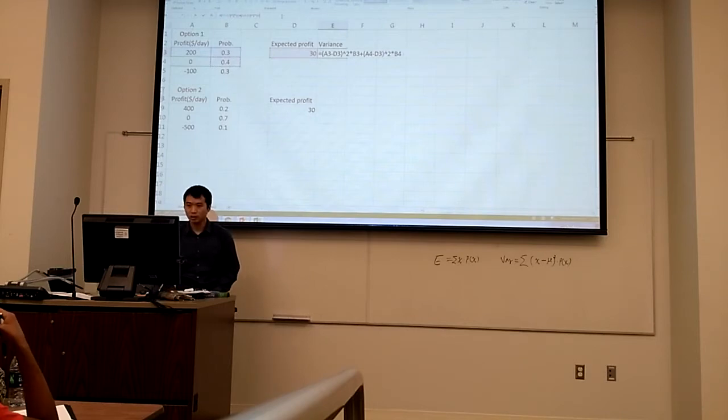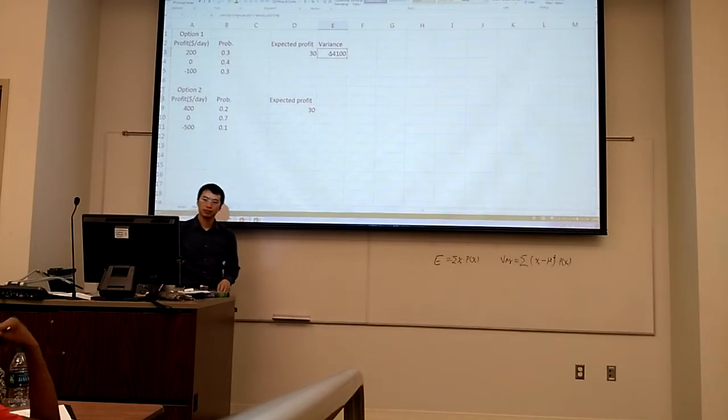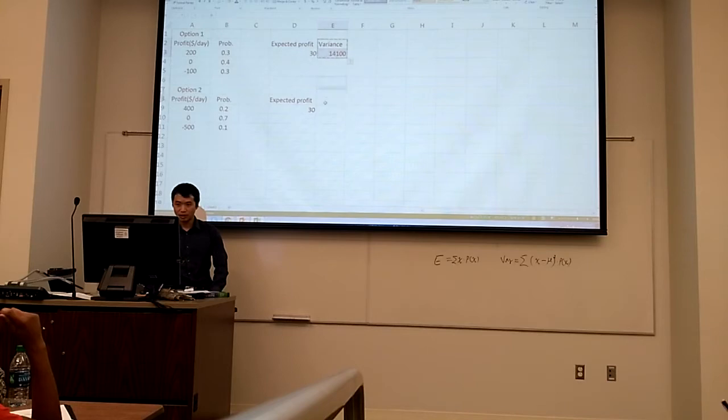And the last possible outcome, this one minus the expected value, to the power of 2 and times the probability. So that's the variance. And we can do the same for the second option.